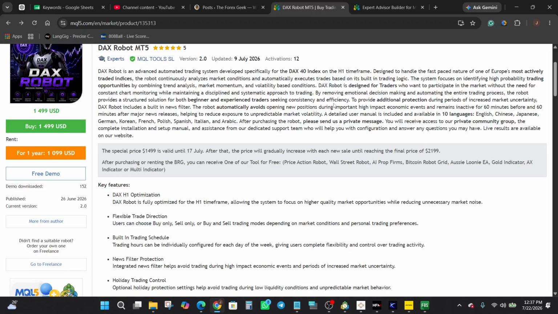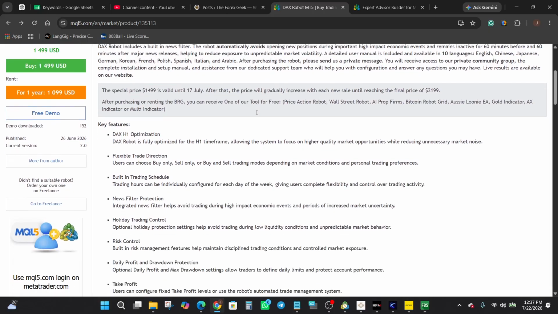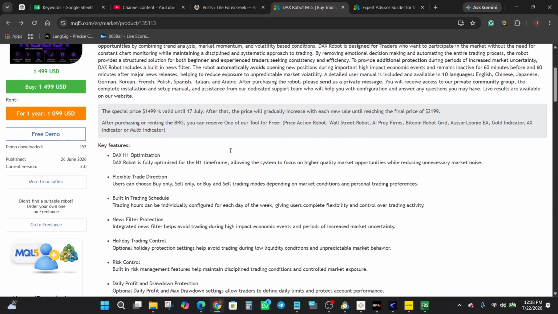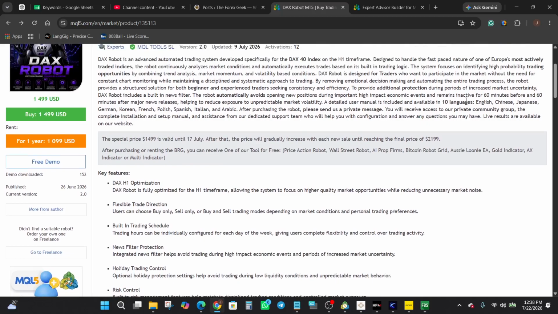The key points from the listing include a built-in news filter that avoids trading 60 minutes before and after high impact news. Okay, and also we can see that here, and also there is flexible trade direction.